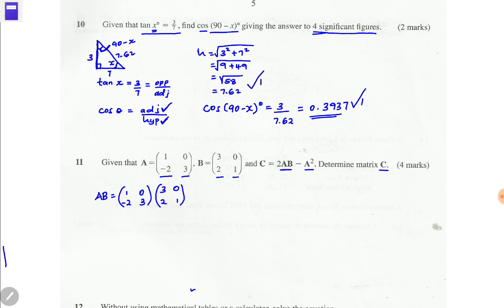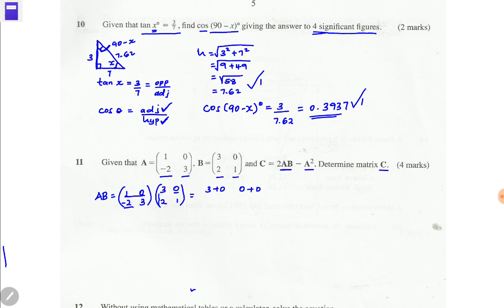So when multiplying these 2 matrices, we start with the first row by the first column. So 1 times 3 is 3 plus 0 times 2 is 0. Then 1 times 0 is 0 plus 0 times 1 is 0.